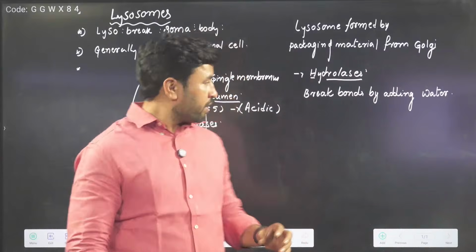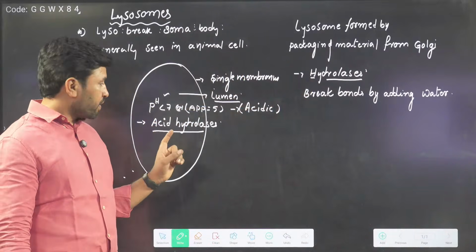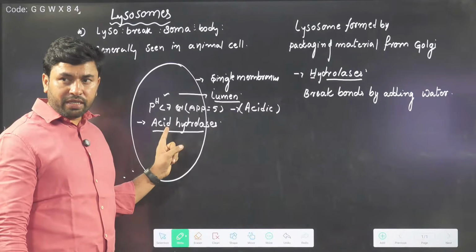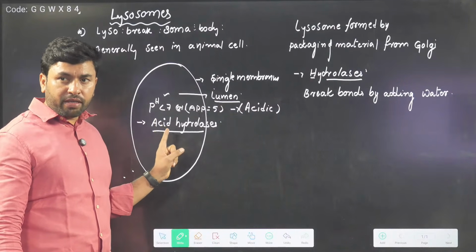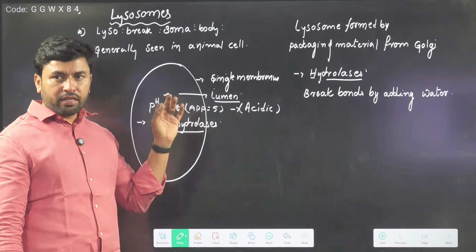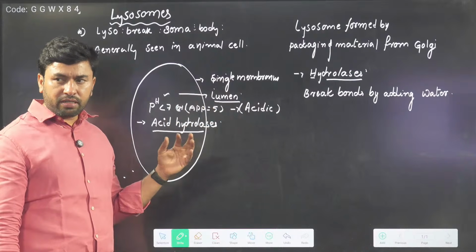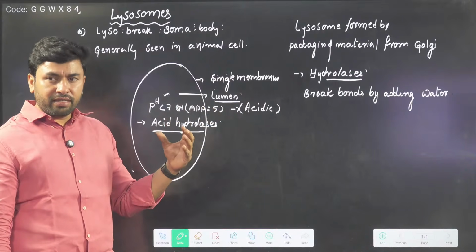Okay, done. Why are these hydrolases special over here? Whatever hydrolases are present in the lumen of lysosomes, they are active under acidic pH. They can become optimally active only under a pH that is less than 5 or less than 7.